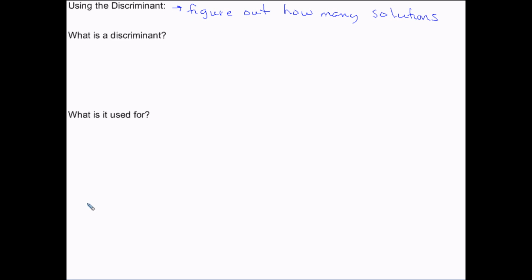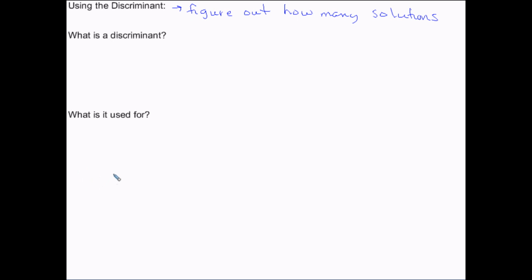So if I have an x to the third, my maximum number will be 3. If I have x to the fourth, my maximum number will be 4, etc. But that's your maximum number. That doesn't mean you're going to get 2 solutions. So you can use the discriminant in order to figure out how many solutions you have.